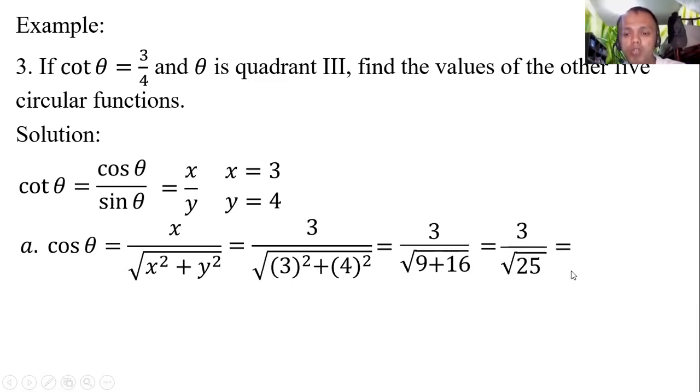Then square root of 25 is 5, 3/5. So your cosine theta here is 3/5. Hindi kasi pwedeng magdiretso tayong 3 lang eh. Dapat meron pang denominator yung 3. And that is your 5.